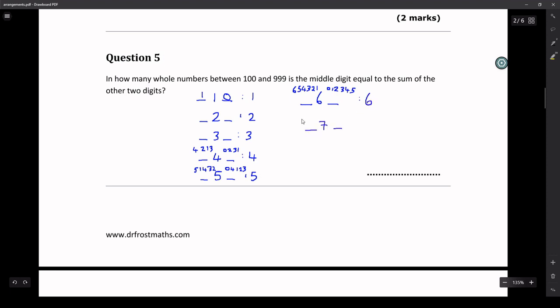For 7, same way, we could start it with 7, 6, 5, 4, 3, 2 or 1. With 8, we could start it with 8, 7, 6, 5, 4, 3, 2 or 1. And with 9, we could start it with 9, 8, 7, 6, 5, 4, 3, 2 or 1. So that gives a total of 17, 24, 39, 42, 45.